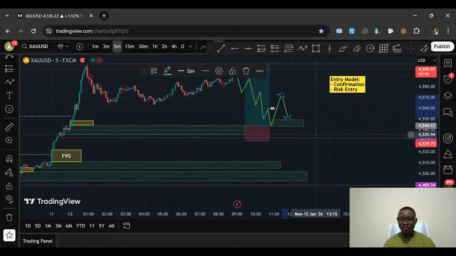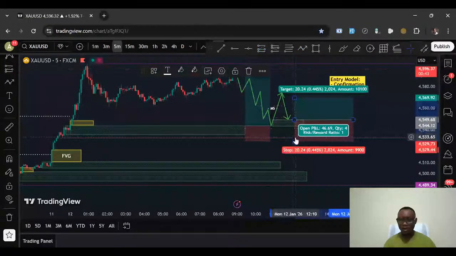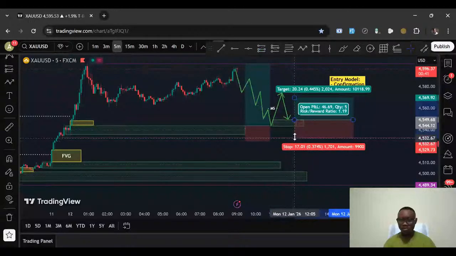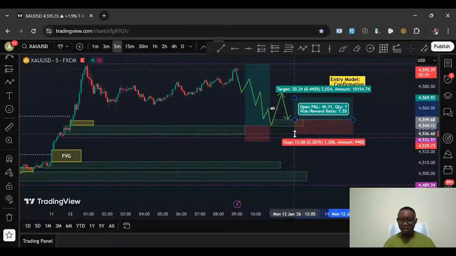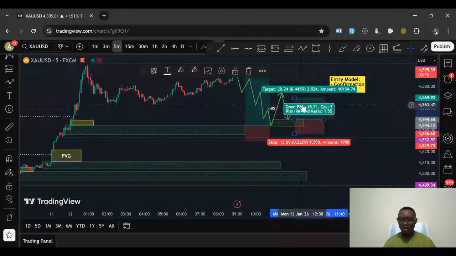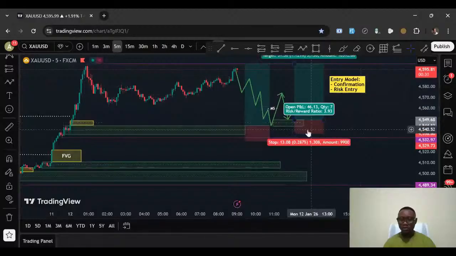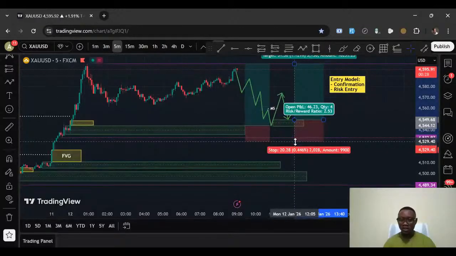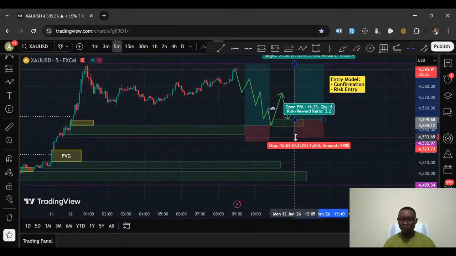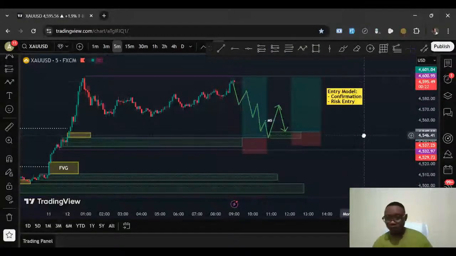Then at this point, I can take my trade, then put my SL here, or get this level here. You can put your SL here, or you bring it down here. Okay, that is it. This is confirmation entry in a nutshell.